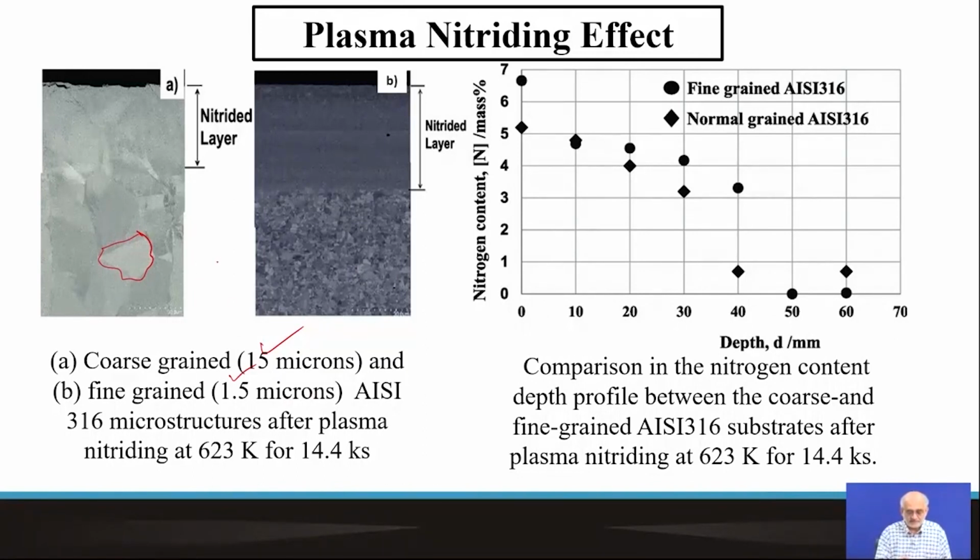If you have large grain and small grain for the same volume and same composition, one thing is for sure: apart from the diameter being smaller, the grain boundary area is certainly going to be much larger per unit volume for the small grain structure.